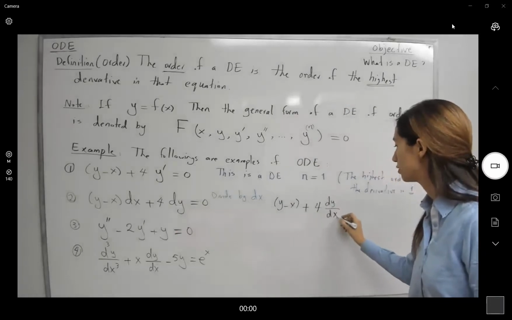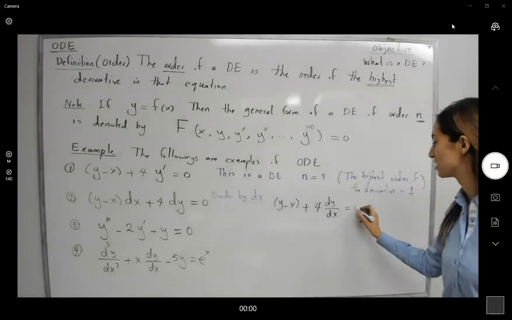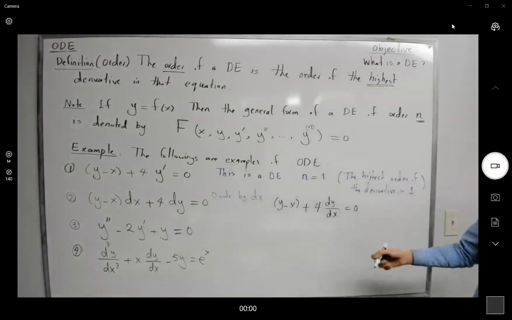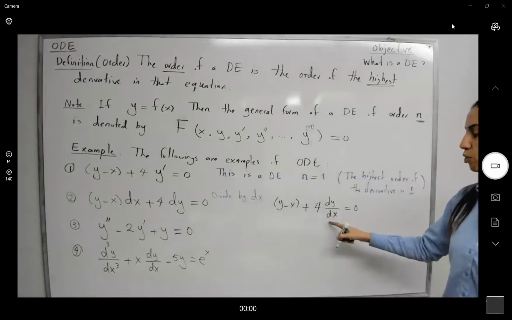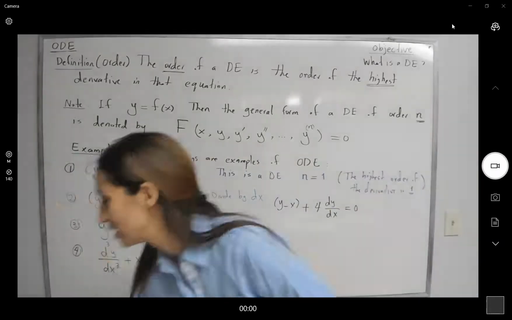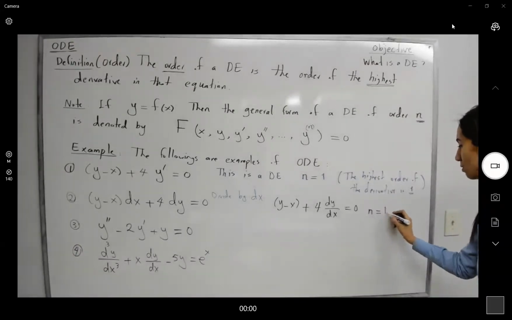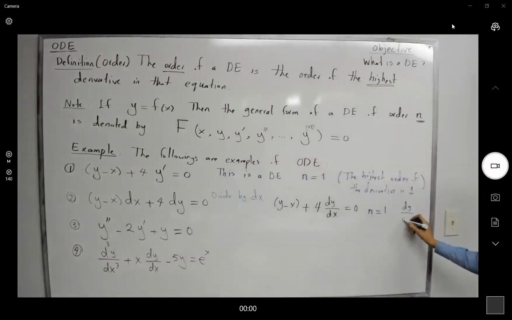Okay, I see the first derivative here, equal to 0 divided by dx, which is 0. Well, the order, as you can see, is 1. The derivative is dy over dx. So the order of this differential equation is also 1. n is 1. We recall that dy over dx is equal to y prime.